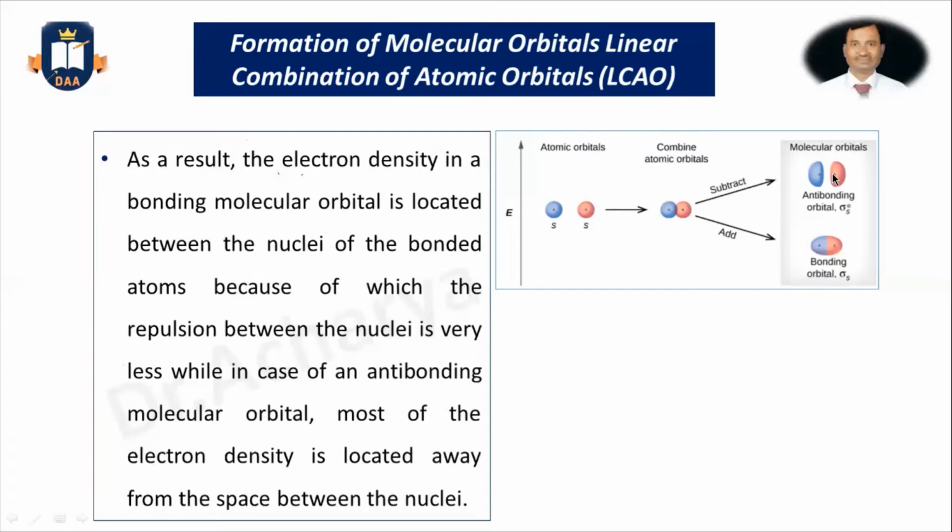For the right side atom, the electron density is located to the right of its nucleus, and for the left side atom, the electron density is located to the left of its nucleus.